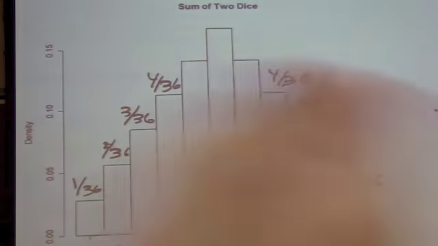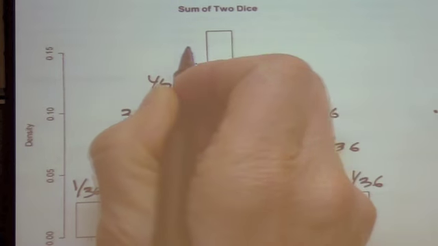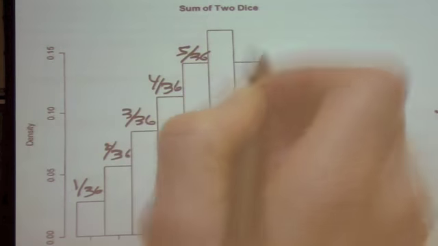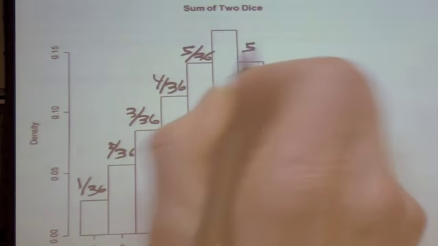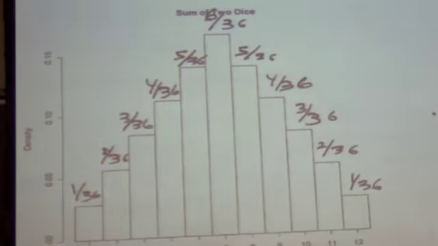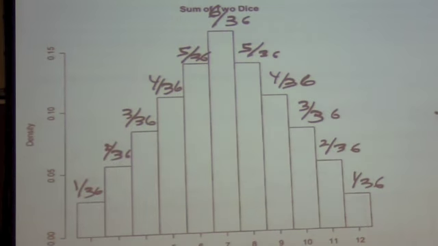And the standard error will depend, of course, hold on, so let's just do 5 out of 36 and 6 out of 36. Does that look good? All right, so that's the probability histogram.